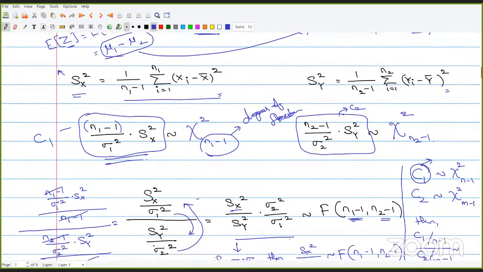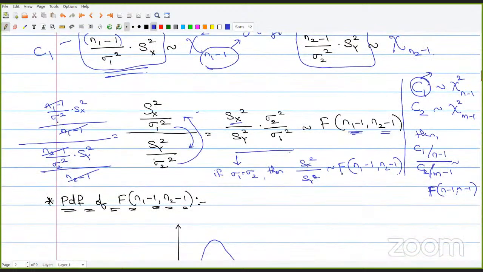If you divide these two, it will follow the F distribution. From the first distribution we have taken n1 samples and from the second n2 samples, so it is pretty straightforward to understand.